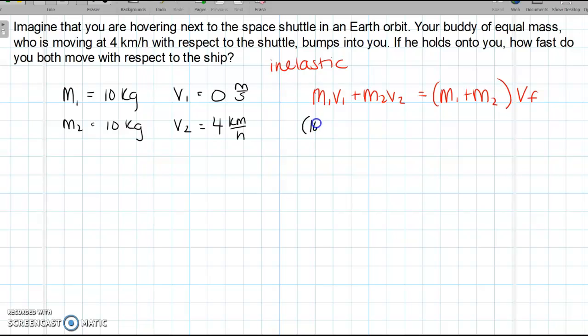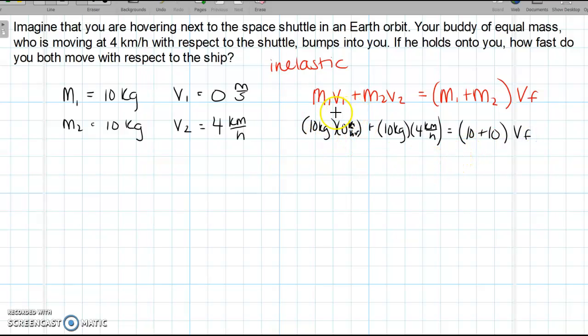M1 is 10 kilograms times 0 meters per second, plus 10 kilograms times 4 kilometers per hour. I should put this in kilometers per hour. Sorry. This is equal to, at the collision point, our masses combined, so 10 plus 10, and then a final velocity.